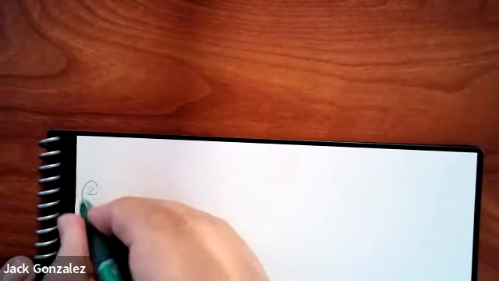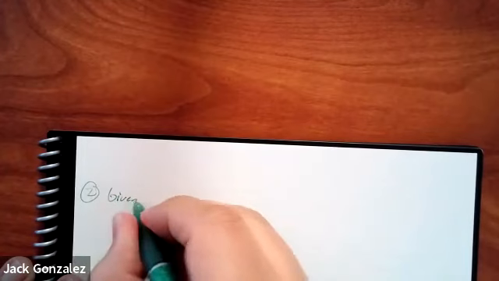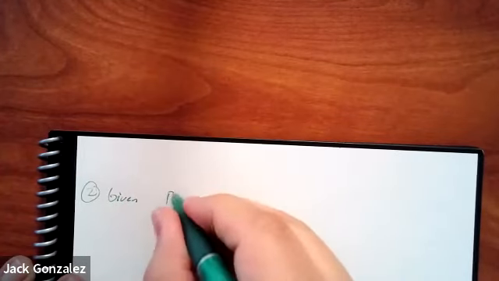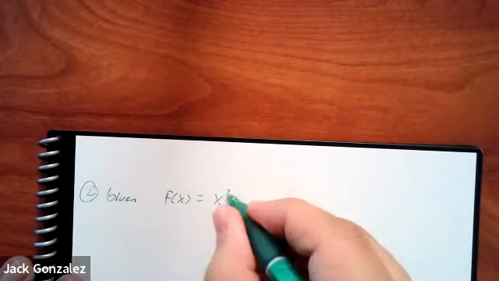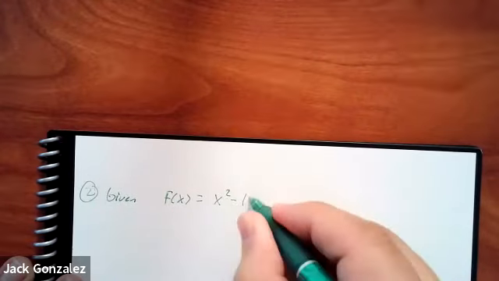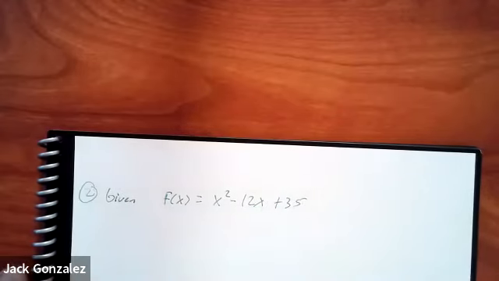Example 2, I think it might be our last example for today. Given x squared minus 12x plus 35.